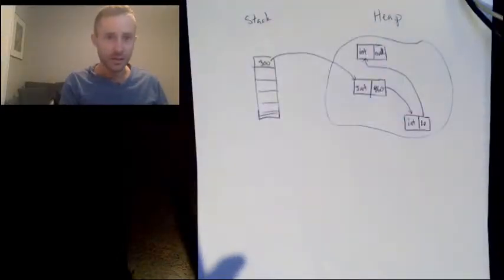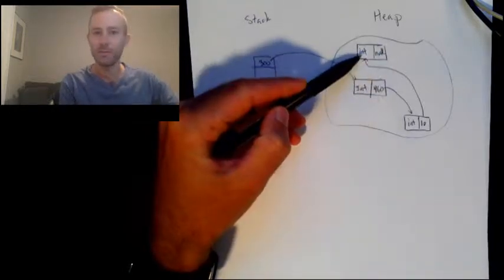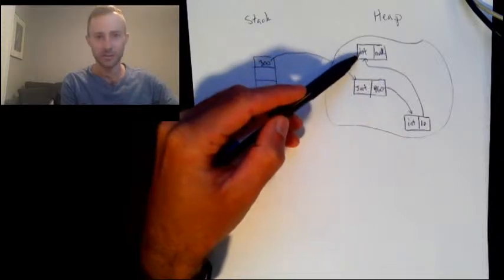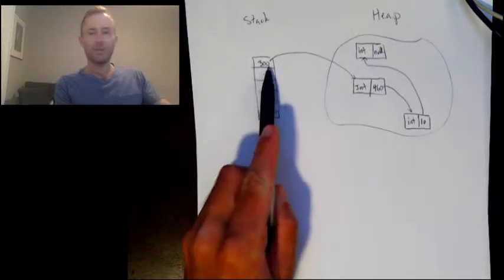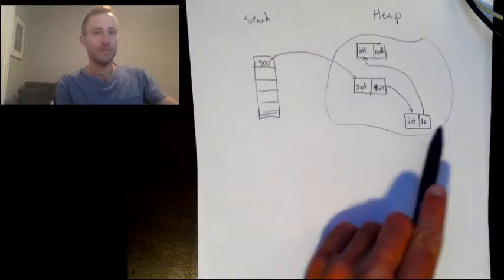It's because you don't know. Let's say I want to access the second element of this linked list. I don't have any information about where that's stored unless I follow the entire chain. You see?